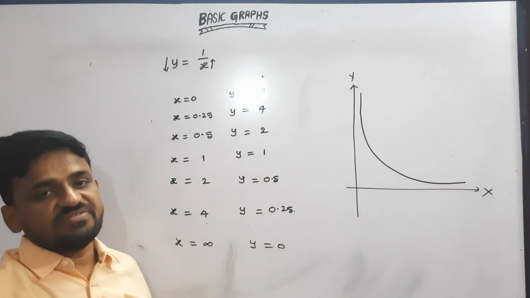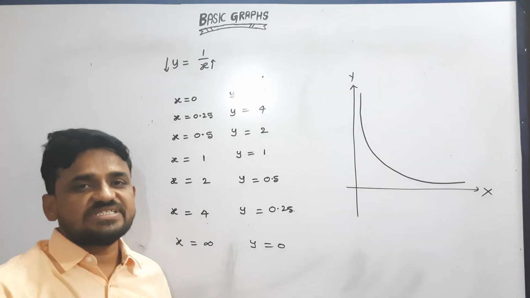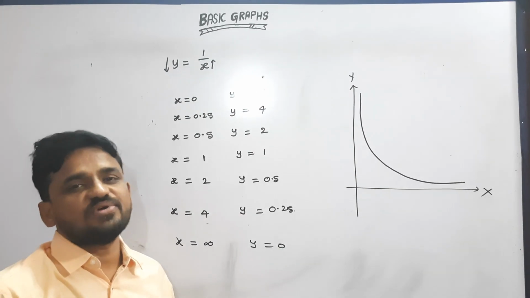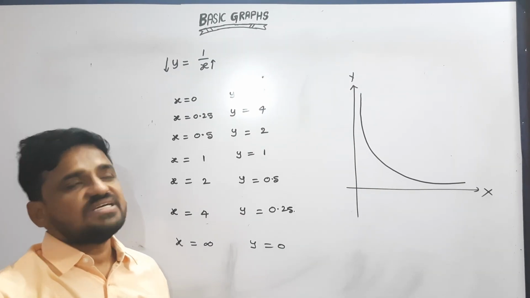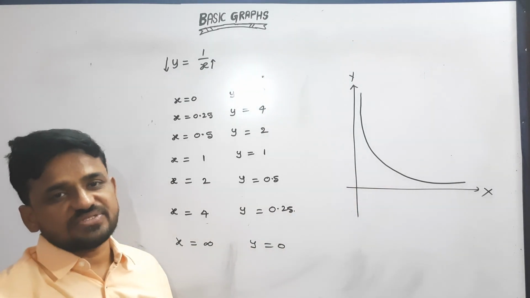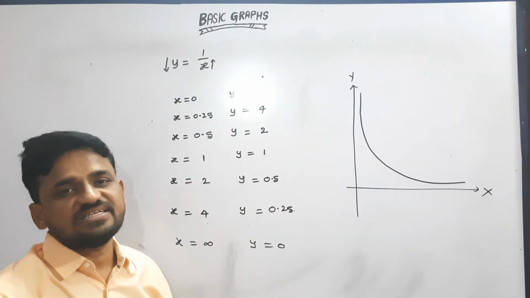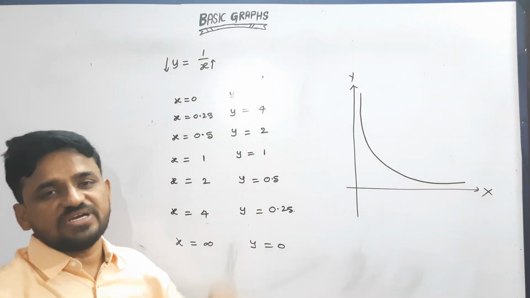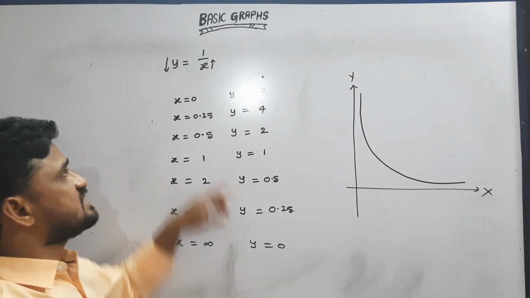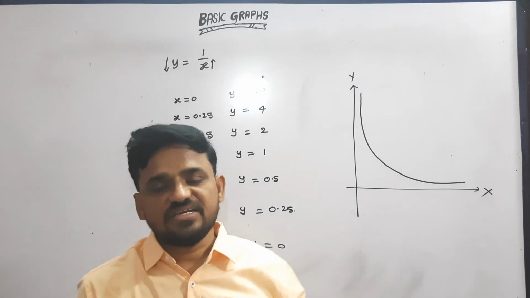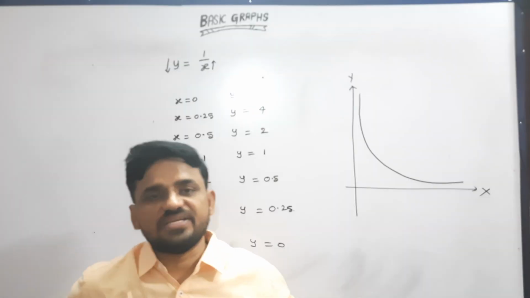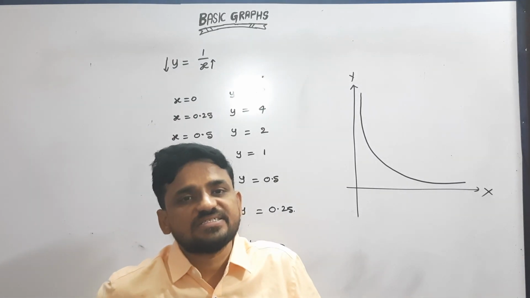So the graph is like a rectangular hyperbola. This kind of graph relates to quantities that are inversely related, like y is inversely proportional to x. As x value increases, y value decreases.